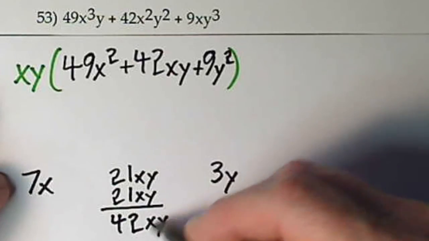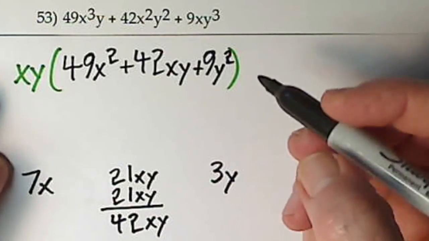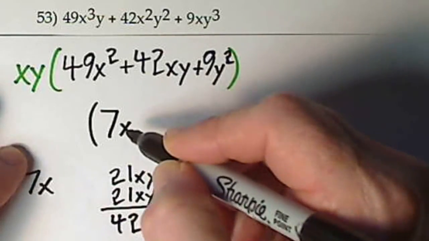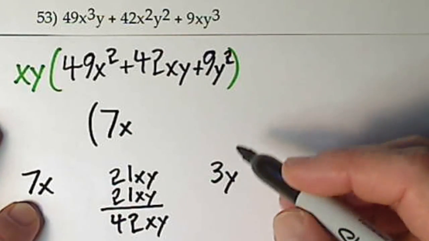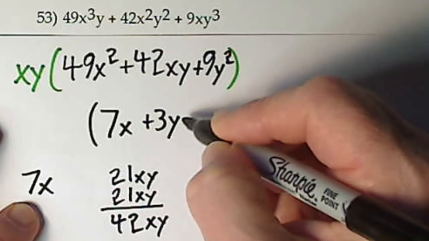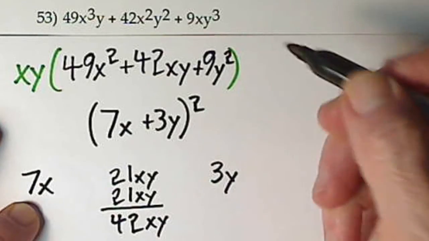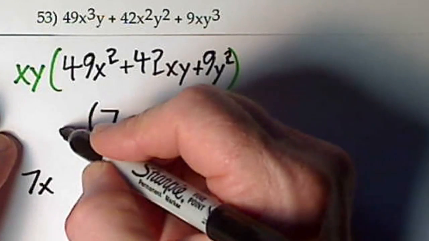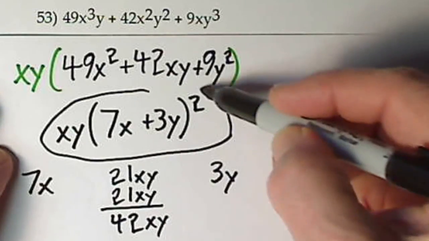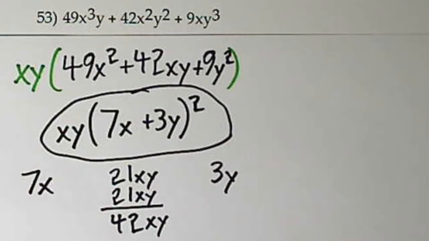So this confirms that this is a perfect square trinomial. So the factored form is 7x, everything's positive, that's convenient, plus 3y. This quantity is squared, and that xy, you have to bring that down. Okay, so here's the factored form of our original polynomial. That's 53. I think we'll stop there.